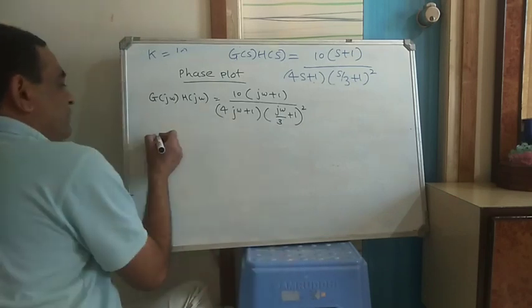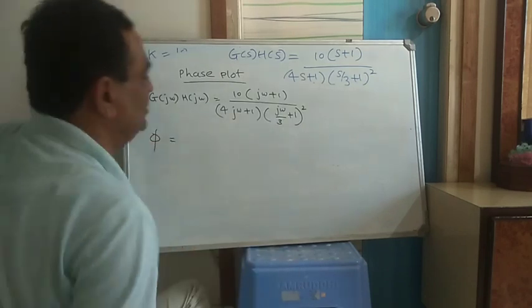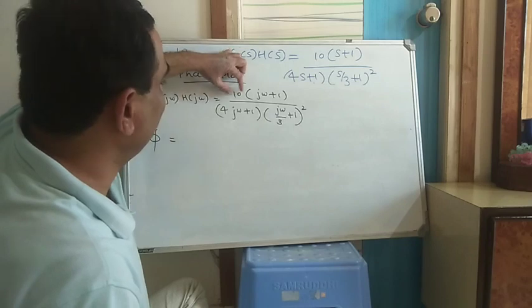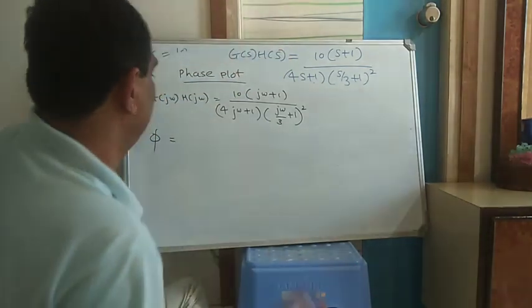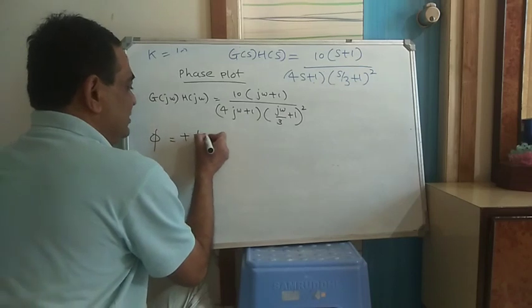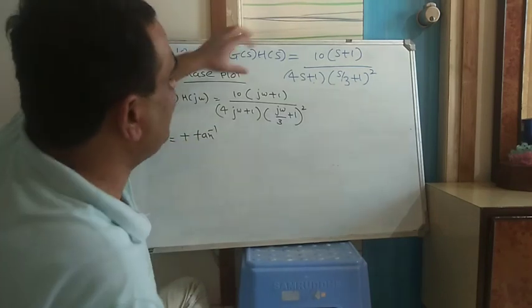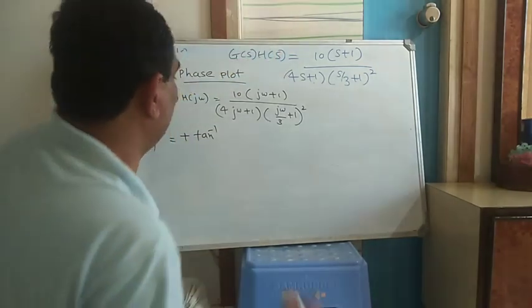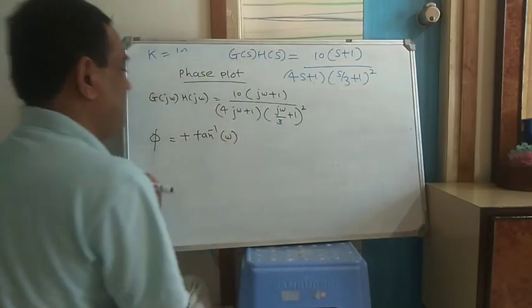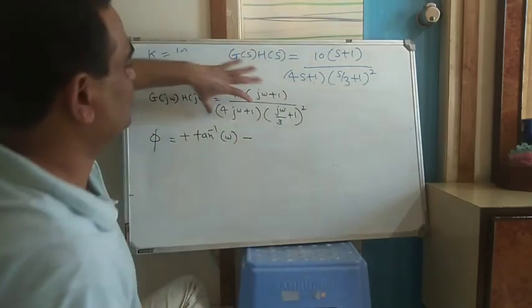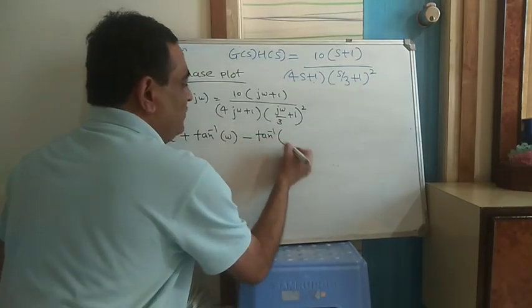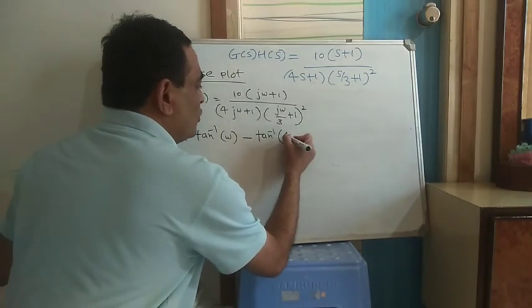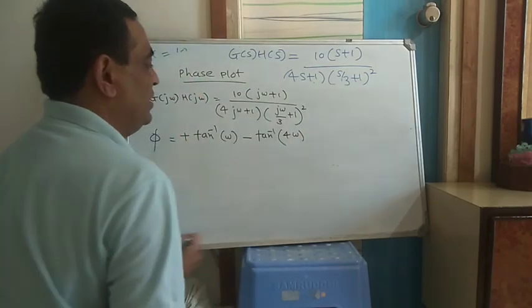So in the phase equation, the gain k doesn't have any kind of phase contribution. So plus tan inverse of b by a, where b is nothing but omega by 1, so tan inverse of omega. Minus, because of the denominator term, minus tan inverse of b by a, where b is 4 omega and a is 1, so 4 omega.